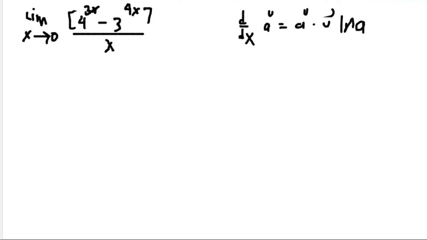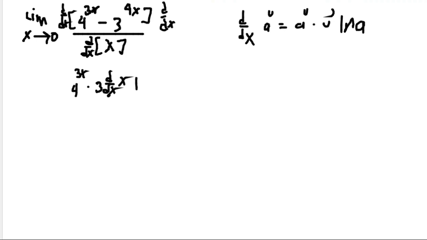Let's do this. We're going to take the derivative of the numerator and the denominator. Here, I'm going to take the derivative of this, and now we distribute the derivative. So we get 4 raised to the 3x multiplied by 3 times the derivative of x, multiplied by the natural log of 4, minus 3 raised to the 4x.